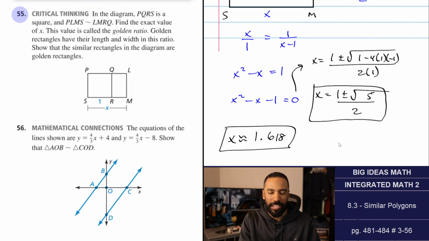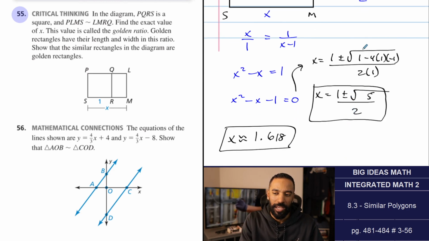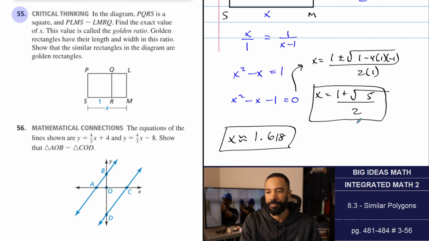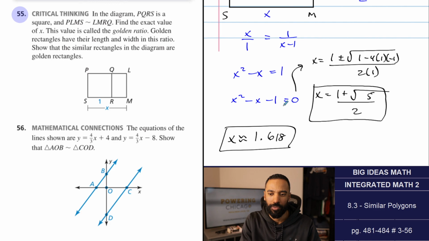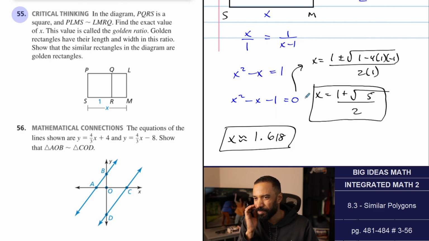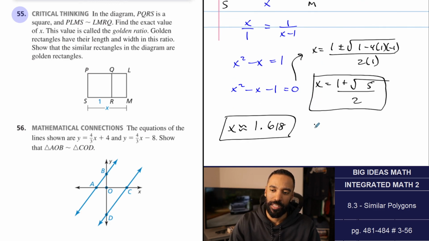Now, there's a 1 minus root 5 over 2, but I don't think you can use it because that would give you a negative number. So we're going to have to just use the plus for that side of the answer. 1.618 is also about the same as 1 over 1.618 minus 1. Okay, so I'll just say that it works out. This satisfies the proportion.